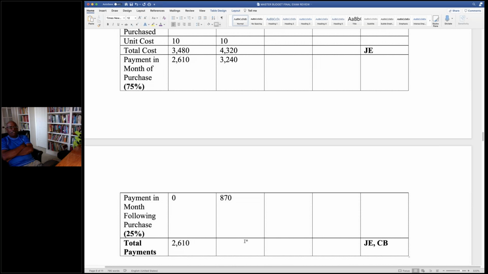What's the total payments gonna be? If you pay your current tuition plus your past tuition, what's the total tuition they want? My current. You said if I pay my current tuition and my past tuition? Yeah, and the past is due too. My current tuition is the 3,240. Your past tuition that you hadn't paid was $870.